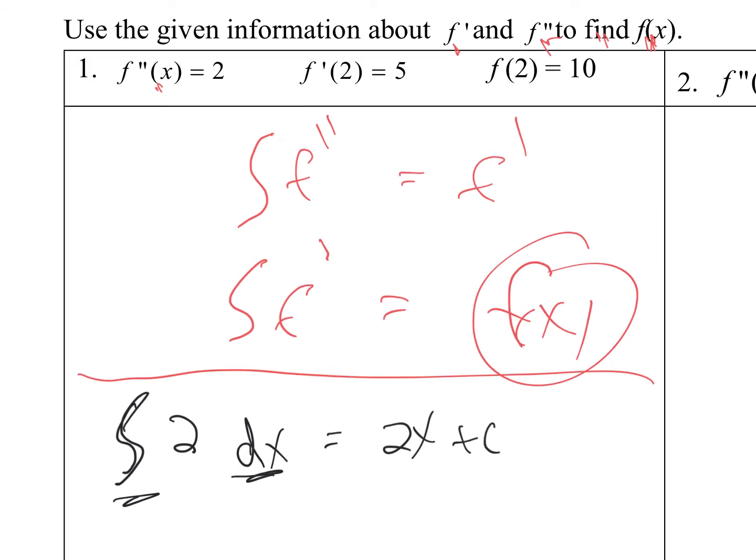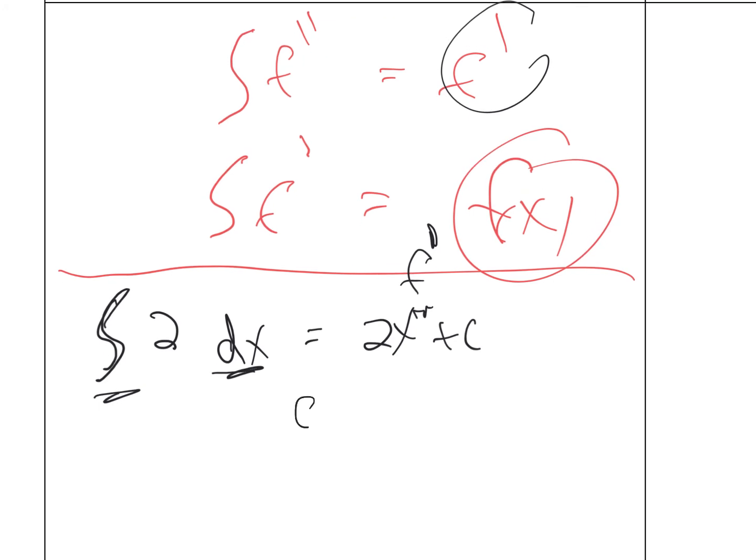Now what does this become? This is my f prime, right? He's telling me that f prime at 2 is 5. I need my f prime at 2, meaning I take 2 times the 2 right here, plus my constant, equals 5.